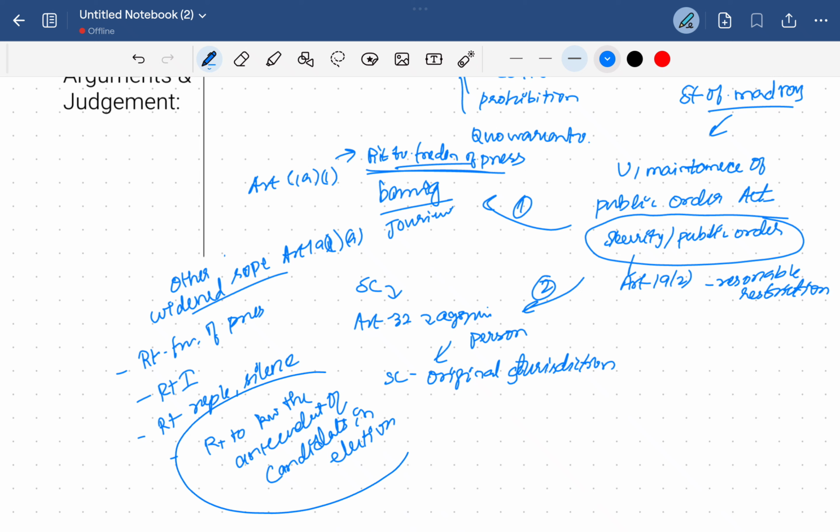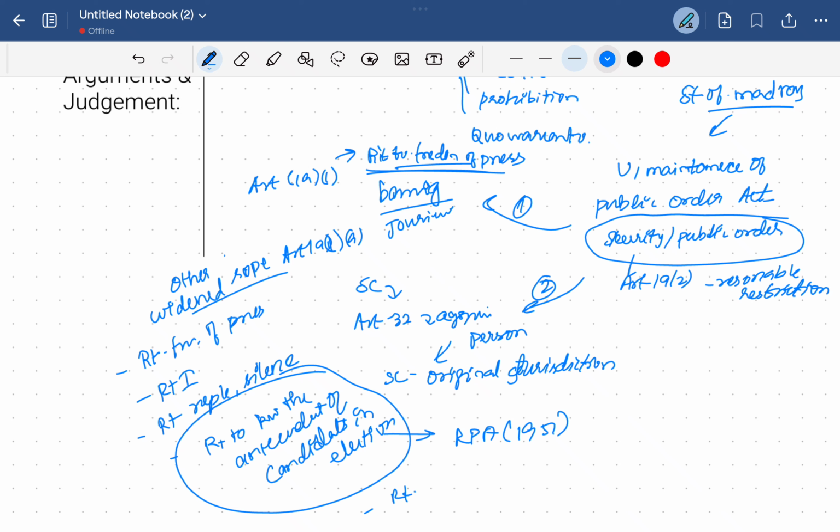It's an important fundamental right the Supreme Court has widened, also mentioned in the Representation of the People Act 1951, so that people can know the criminal antecedents or any other background of the candidate whom they are voting for in the election.